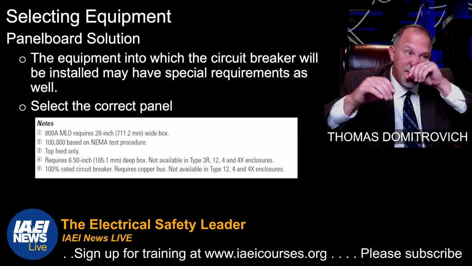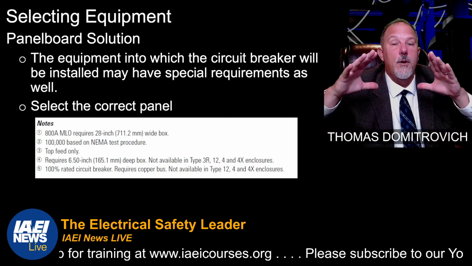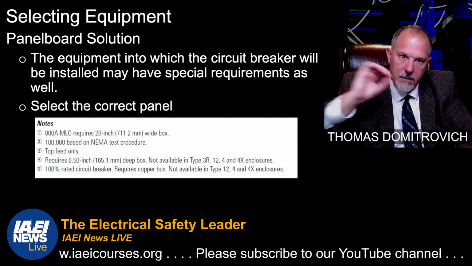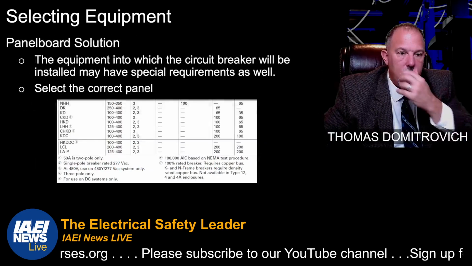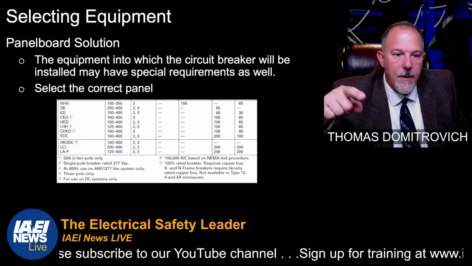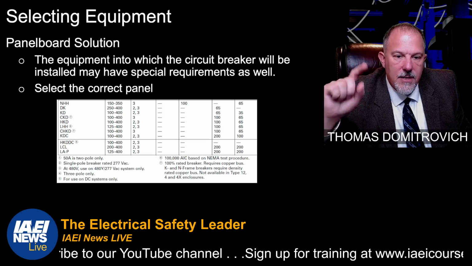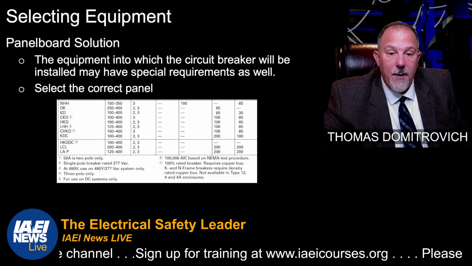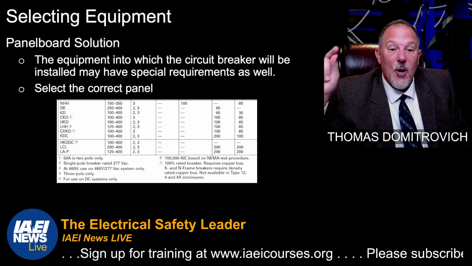Remember, I'll follow that up at the end. I'll give you the key takeaways. So look at this. The equipment to which the circuit breaker will be selected. If you look at note 7, it says 100% rated breaker requires copper bus. K and N frame breakers require density rated copper bus.